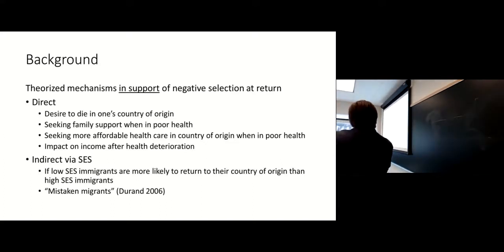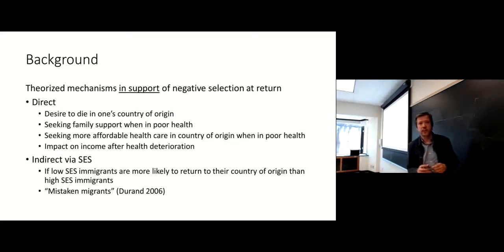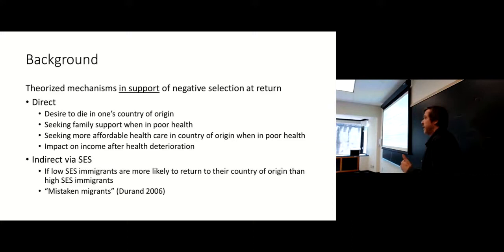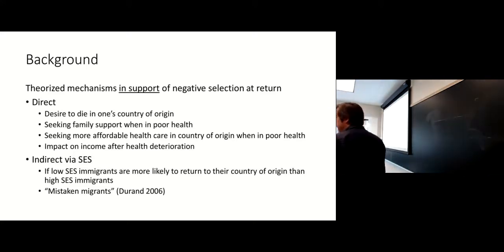Now, negative selection at return may happen if immigrants are seeking family support, which they actually may have in the country of origin, as opposed to the host country. Or they might be interested in seeking more affordable healthcare in the country of origin, and that is particularly applicable to host countries that have non-universal or expensive healthcare systems like the US, where, in fact, when you compare with Mexico, healthcare in Mexico is much more universal than in the US.